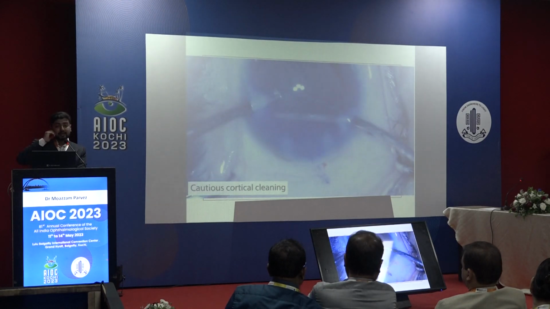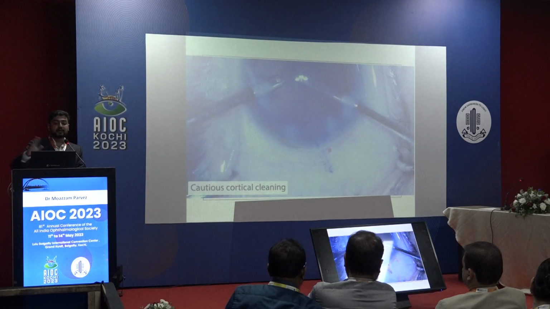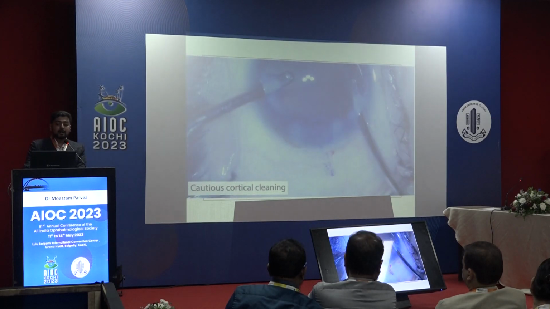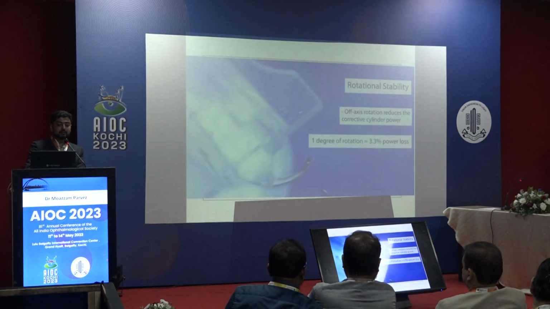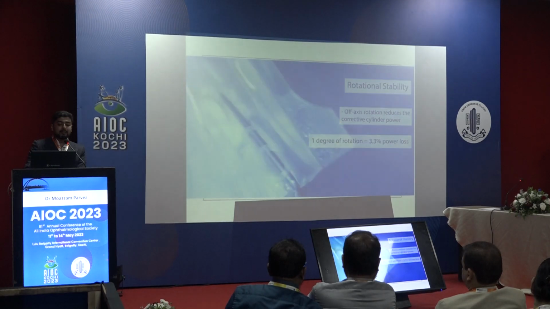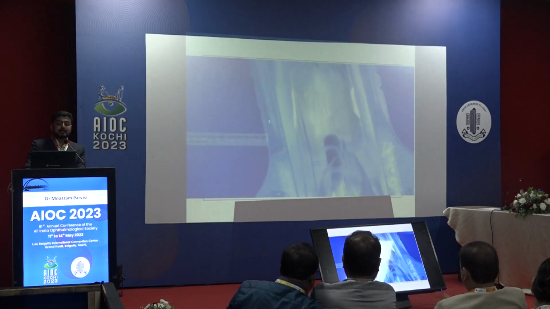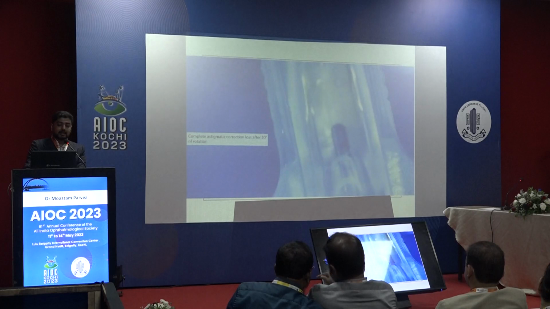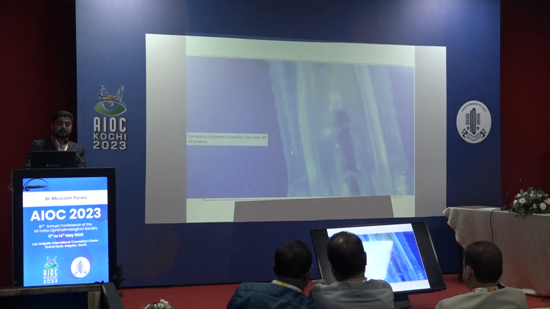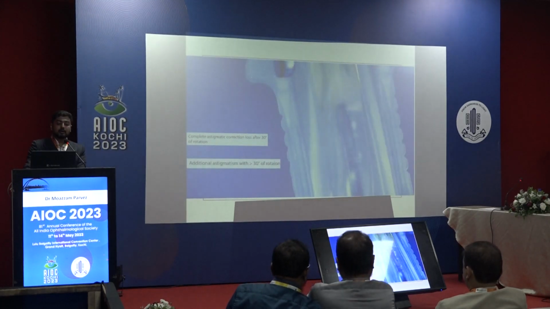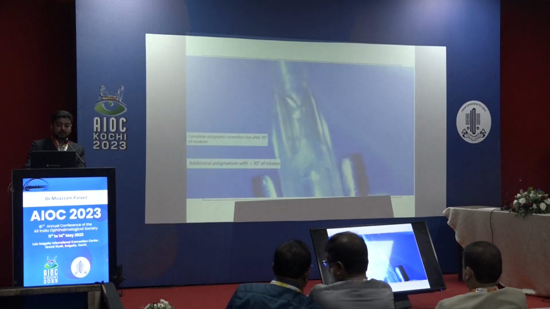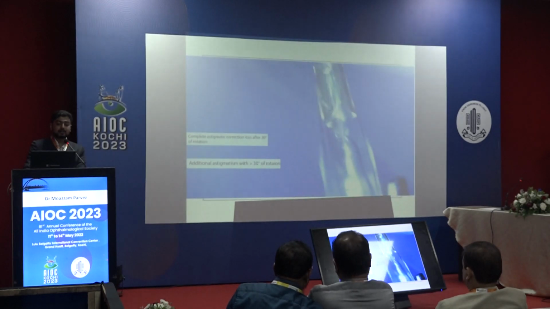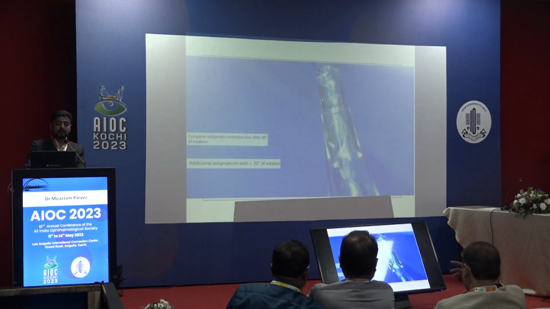We also need to be very careful about avoiding intraoperative miosis, which would hinder the rotational stability. As you can see, the diamond markers are placed at the optic haptic junction. The lens is placed in the cartridge and further pushed down the nozzle, making sure that the haptic does not get caught somewhere and the movement is mobile and free.